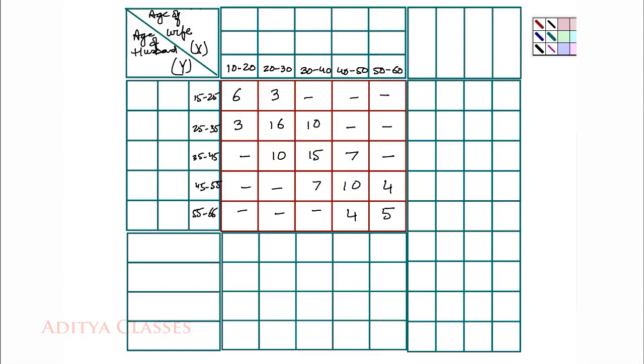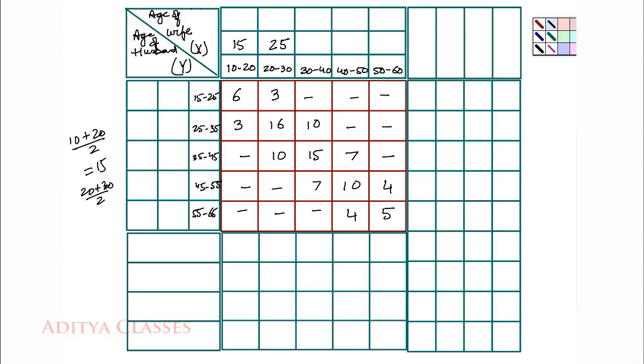For 10 to 20, the mid value will be 10 plus 20 upon 2, giving me 15. Then the mid value of this second case would be 20 plus 30 upon 2, giving me 25.